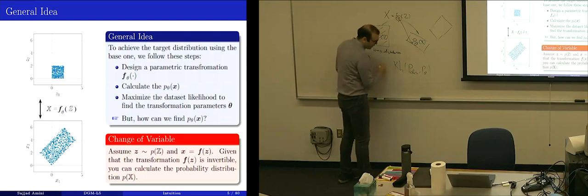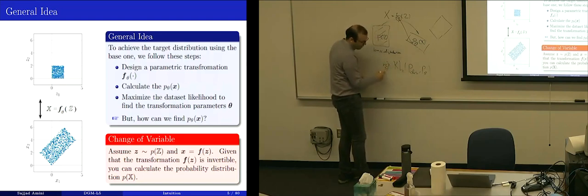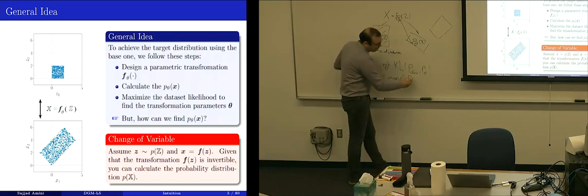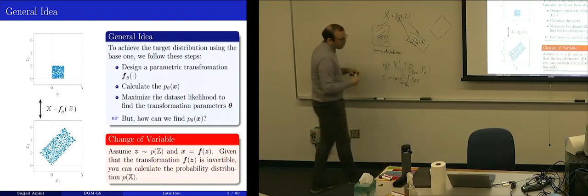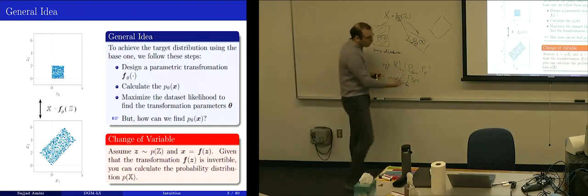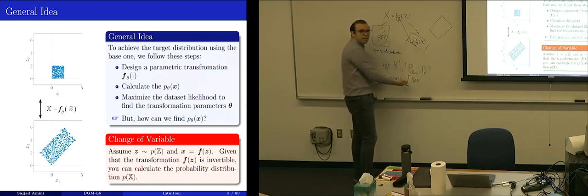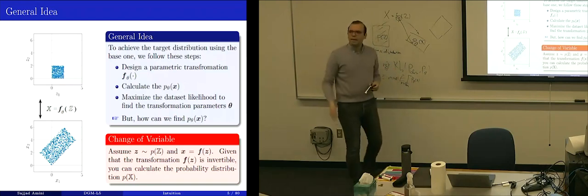And we know that minimizing this KL over the parameter is equivalent to maximizing the expected likelihood of your model over the data coming from the data distribution. They are equivalent. So I have a tool to understand how suitable this distribution is. That tool is the likelihood of your data set. So I change the parameters such that the likelihood of the data set is maximized. That's the best transformation.